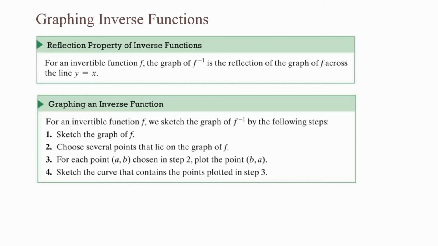Sketch the graph of f. 2. Choose several points that lie on the graph of f. 3. For each point (a, b) chosen in step 2, plot the point (b, a). 4. Sketch the curve that contains the points plotted in step 3.